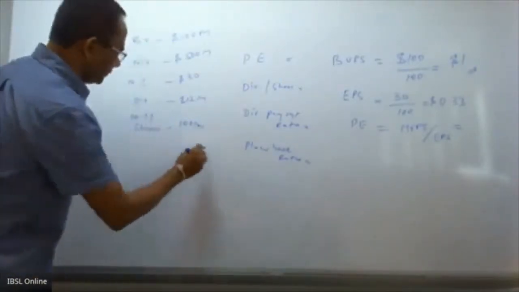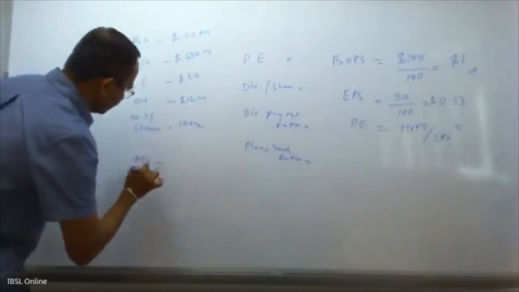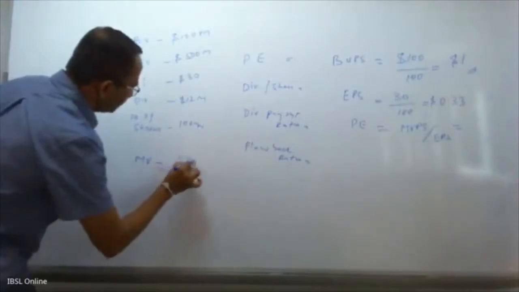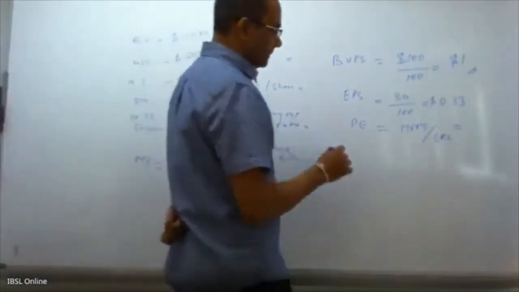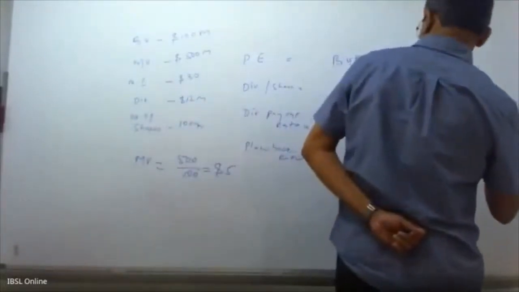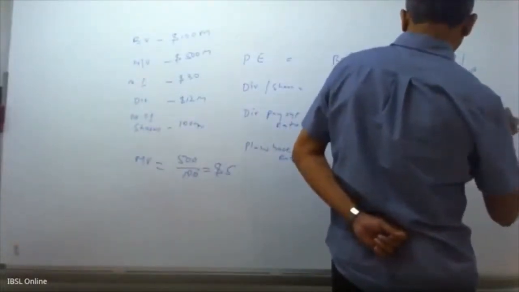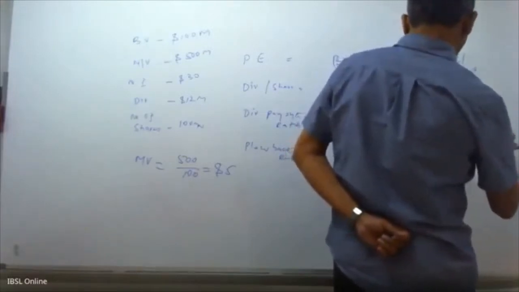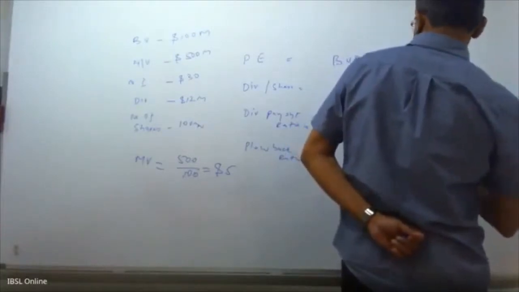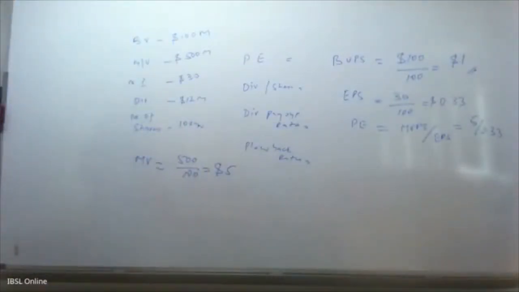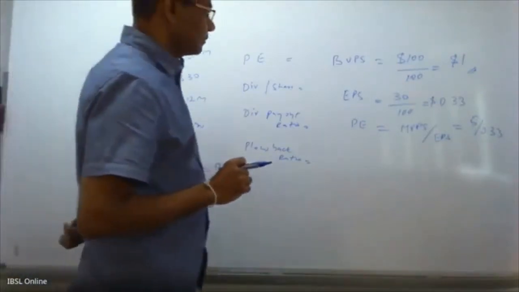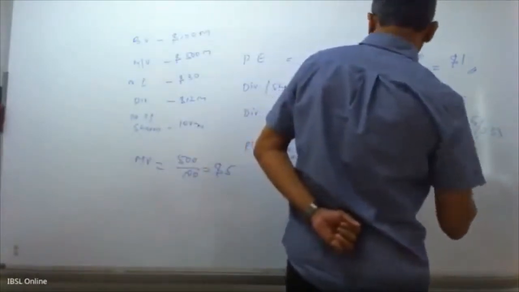That is equal to $5. So 5 divided by 0.33.